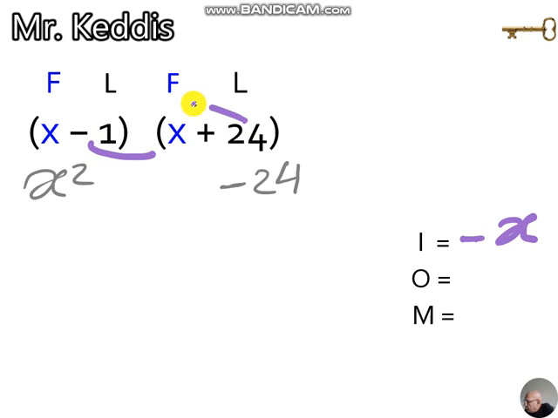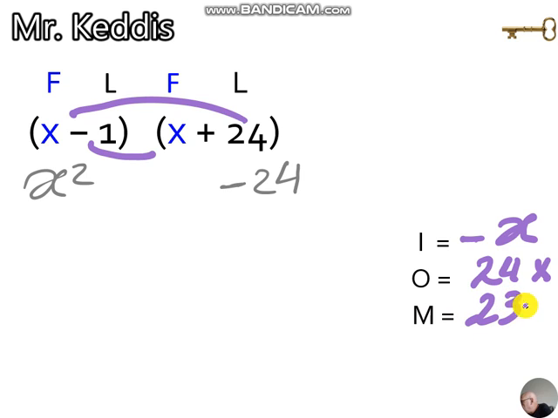The outer term, positive 24 times x, I get positive 24x. I take the sign of the higher number, the sign in front of 24, which means positive. I subtract 24 minus 1, I get 23x. It means the middle term is positive 23x.